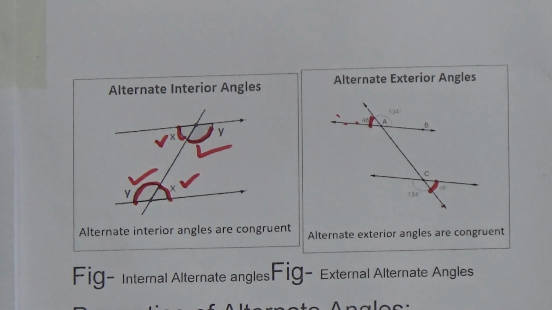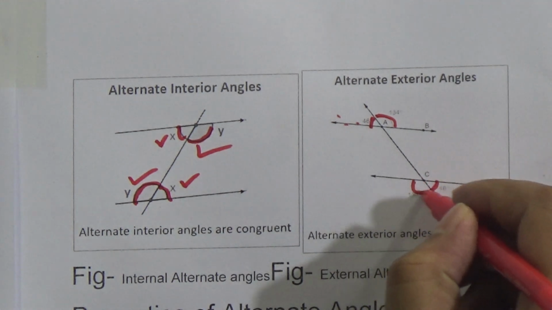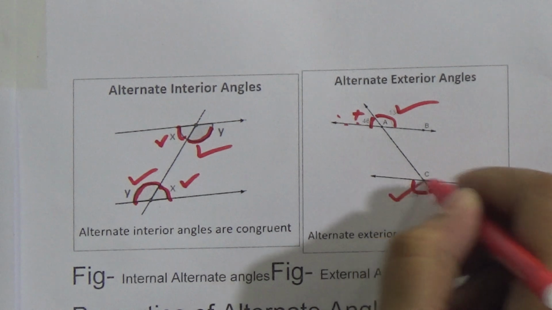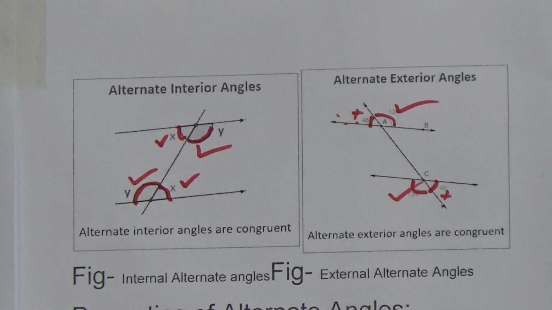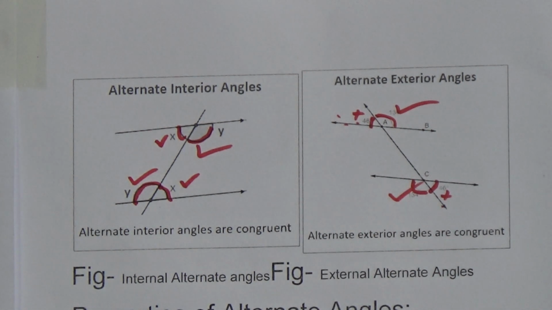So these are exterior alternate angles. Similarly, we can say this angle and this angle are alternate. We can denote this by a cross, and we can denote by a tick mark. So these two are alternate, and these are alternate exterior angles, or we can say external alternate angles.